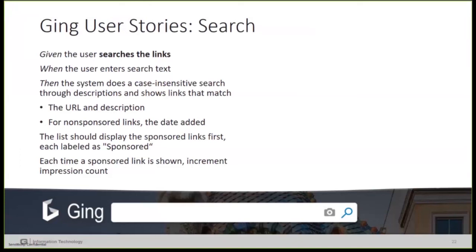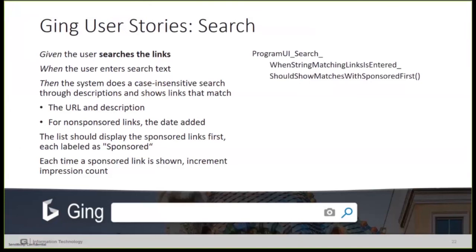Okay, when it displays a matching link, it shows those two or three things. The list should display sponsored links first, labeled as sponsored. Each time a sponsored link is shown, increment the impression count. Does that sound reasonable? So that's a somewhat lengthy user story.